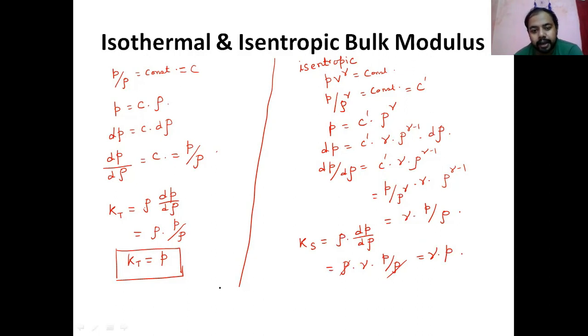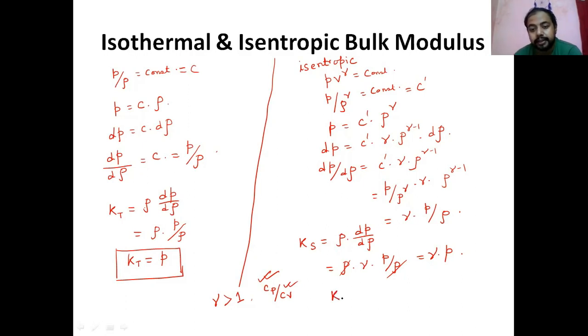Hence, as gamma is greater than or equal to 1 always, because gamma is known as the Cp by Cv, the specific heat at constant pressure divided by the specific heat at constant volume, Cp is always greater than Cv. That is the purpose.